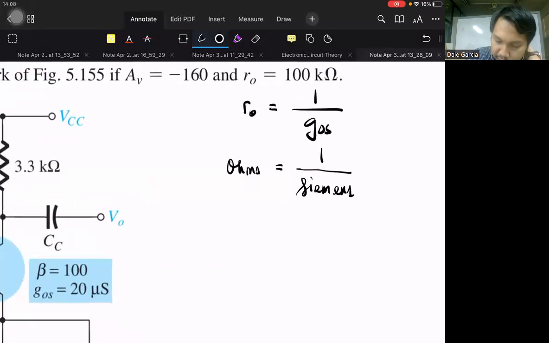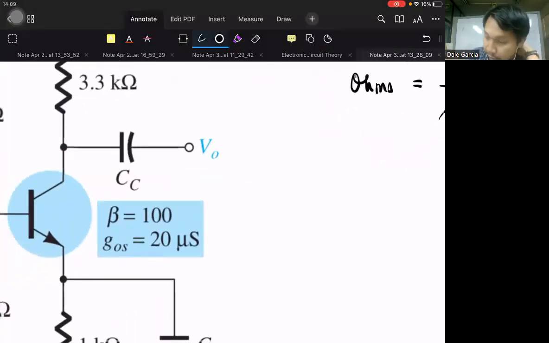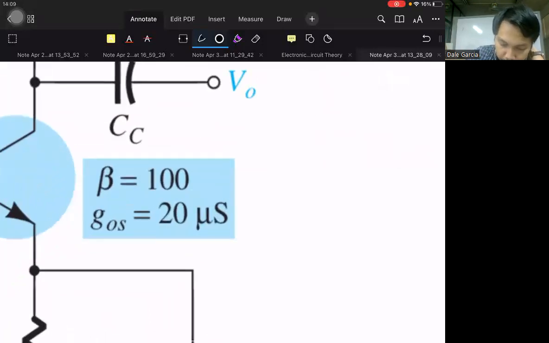So based sa initial na given, 1 over 100k nato ni. We substitute here, we'll get a GOS of 10 microsiemens. So safe siguro ni, no? Safe siguro ni nga given 10 na siya.